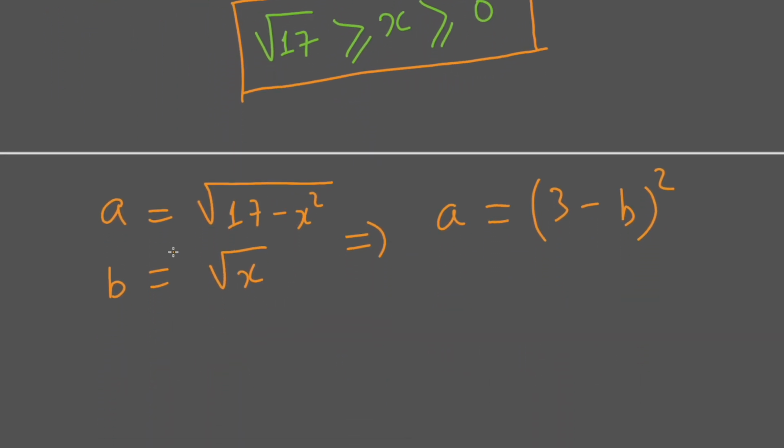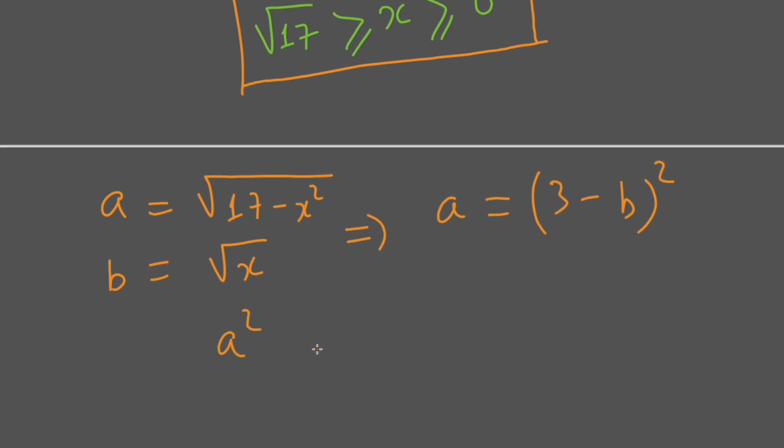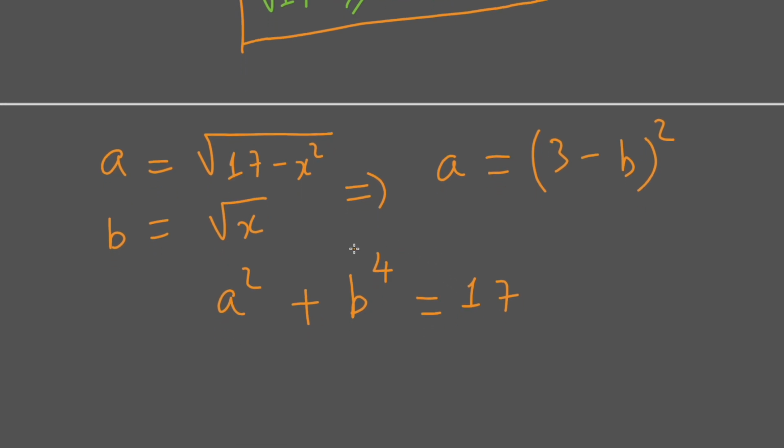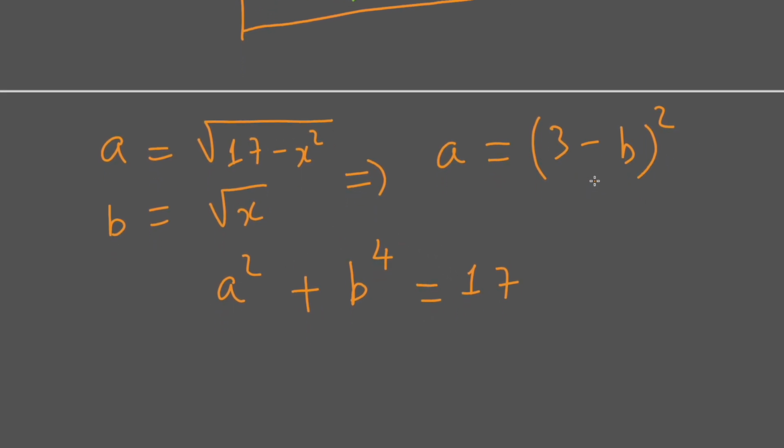And the relation between a and p is a squared plus p power 4 equal to 17. So combine with this one, we will have a minus 3 plus p squared equal to 0.